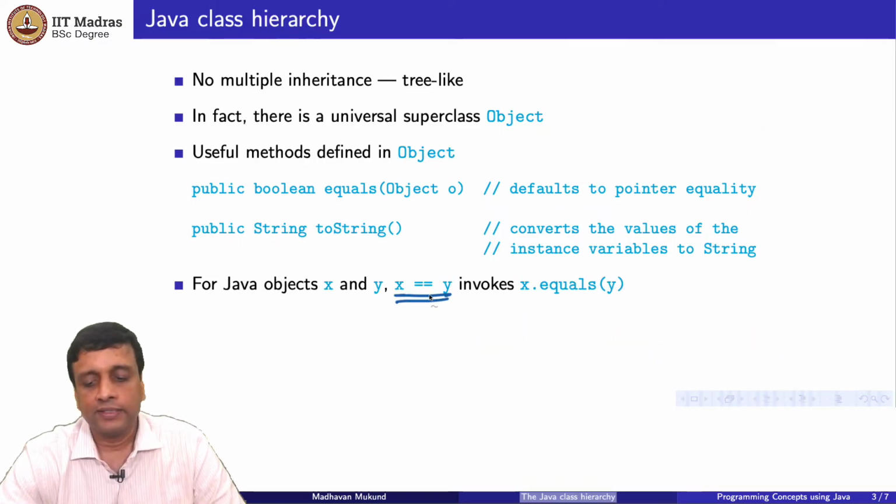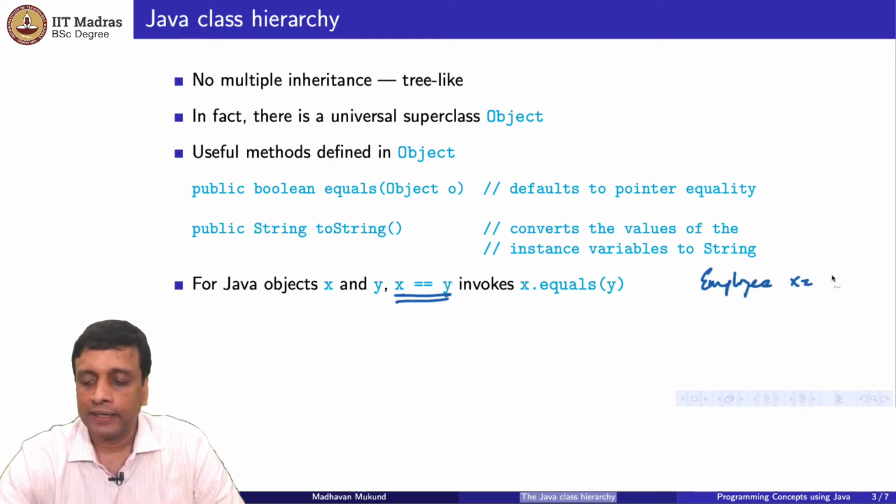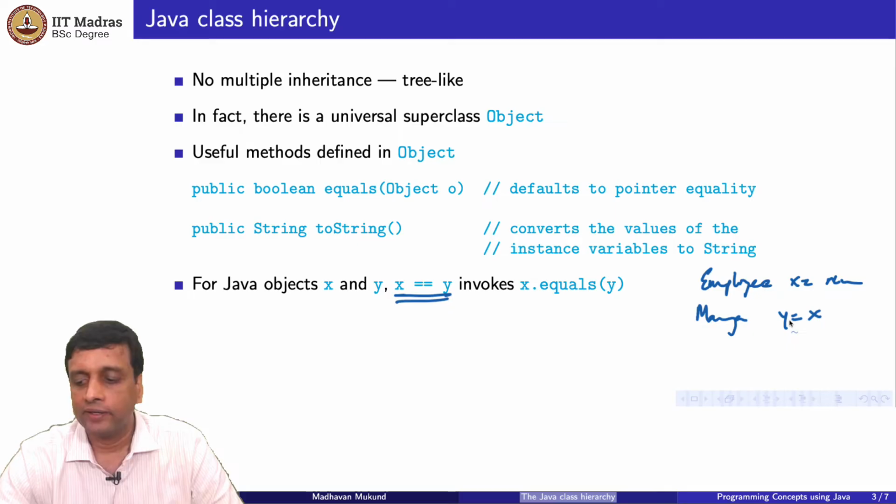So it turns out that this is actually what is called implicitly when you use equal to for objects. So if X is an object and Y is an object, for example, X may be an employee and Y may be a manager as defined. If I had written employee X is equal to new something, and then I had written manager Y is equal to X, and assuming that this is a legal assignment, that is, X was actually a manager type at this point, right?